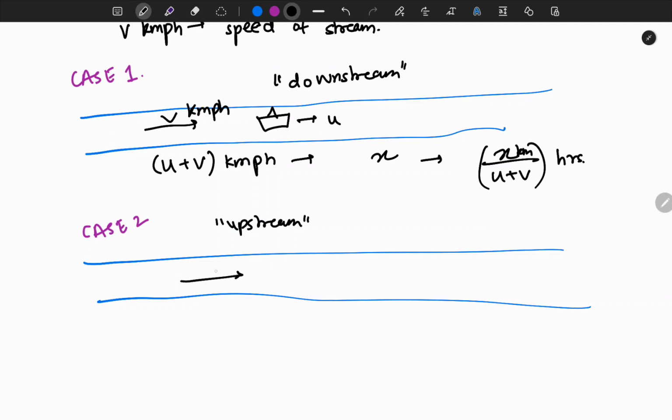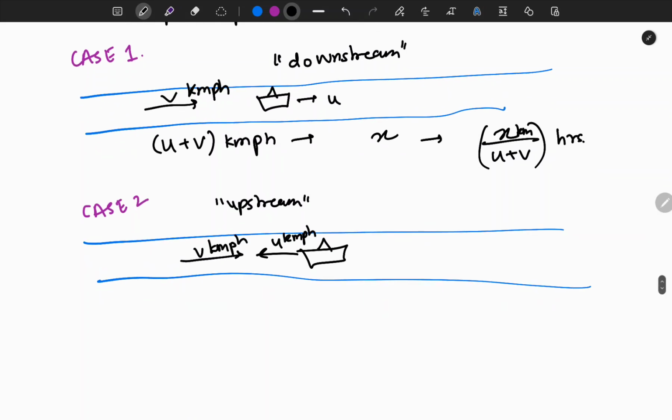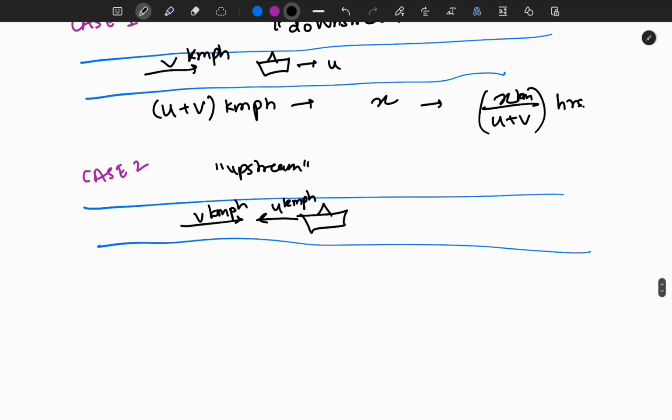So it means that there is a certain push that is being imposed, but it is in the opposite direction. So imagine you are walking and somebody starts pushing you from the front. It will obviously reduce your speed.